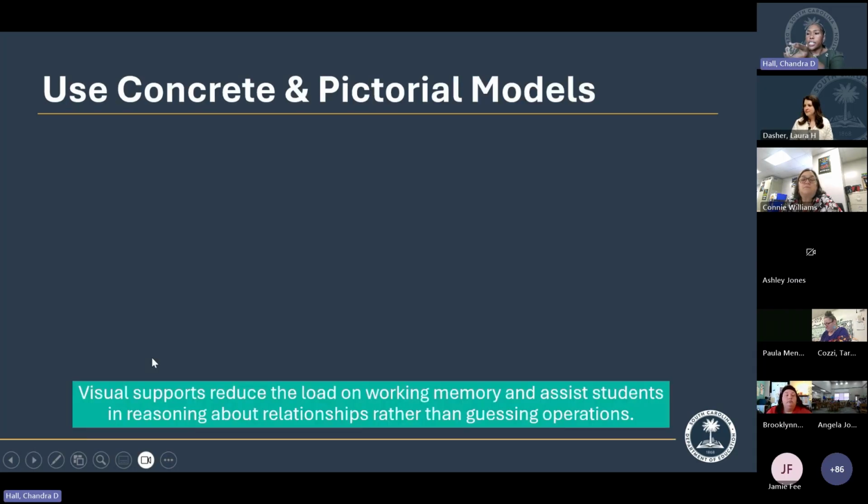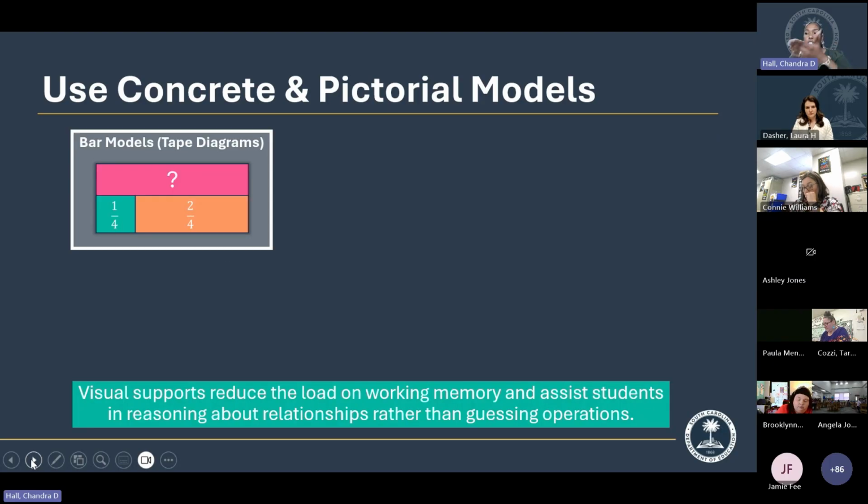Another strategy is to use concrete and pictorial models. Visual supports reduce the load on working memory and assist students in reasoning about relationships rather than guessing operations. So visual supports such as bar models, also known as tape diagrams, are very helpful for students.